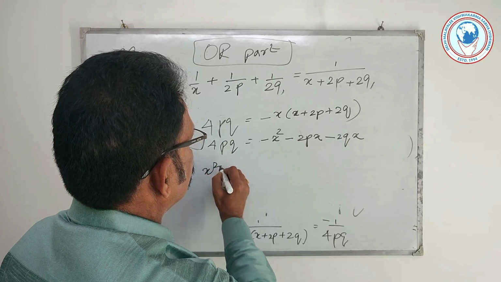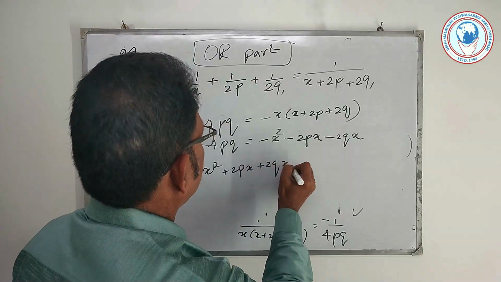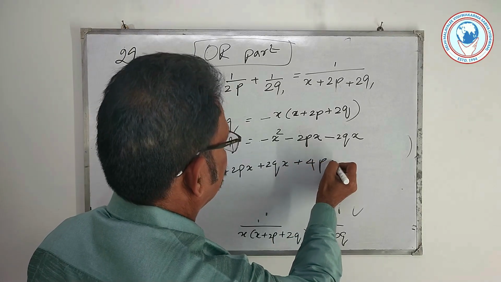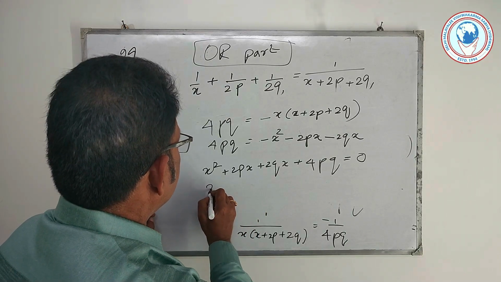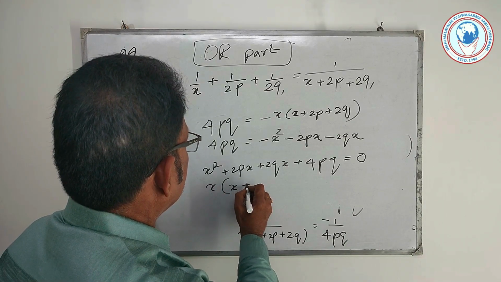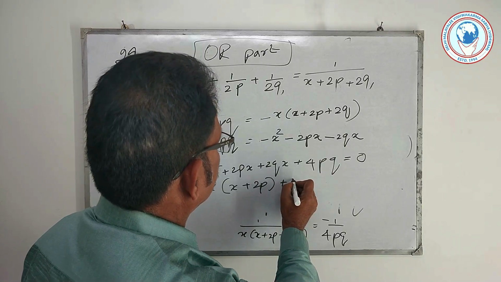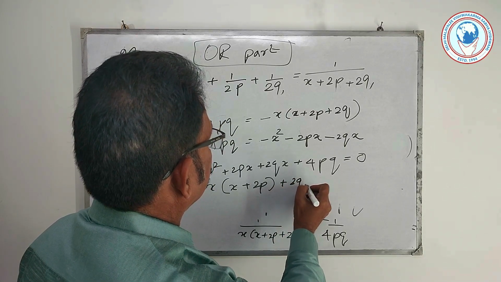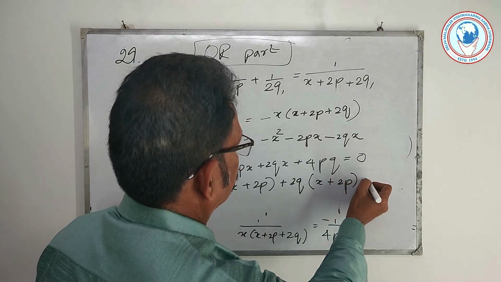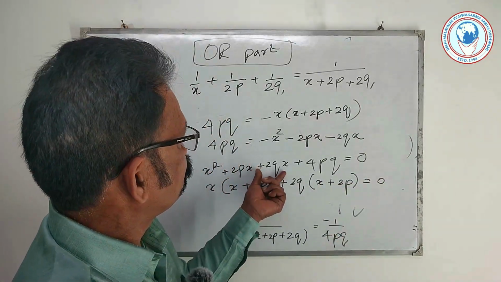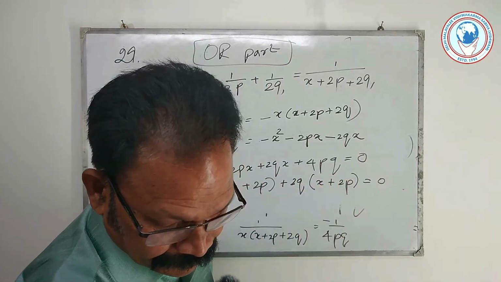Or x square plus 2px plus 2qx plus 4pq equal to 0. Taking x common, x into x plus 2p, plus taking 2q common, we get x plus 2p.